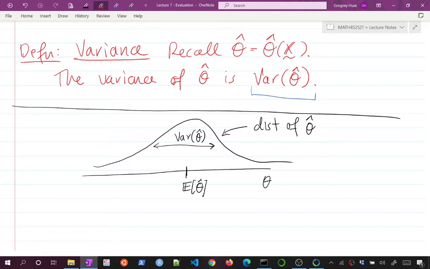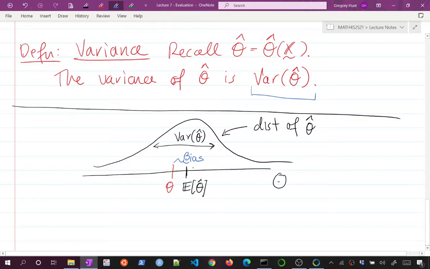Somewhere on my theta axis, the space of capital Theta, is the true value of theta. Here, this is my bias, which is the distance between the expected value and the truth.